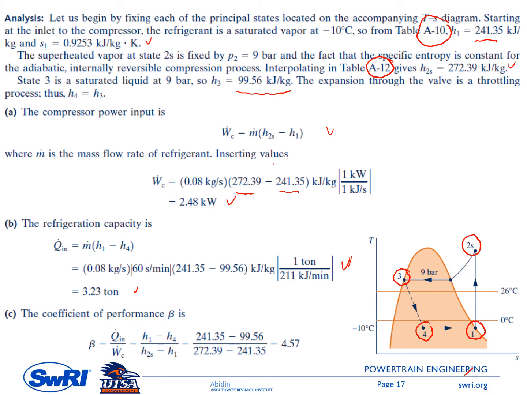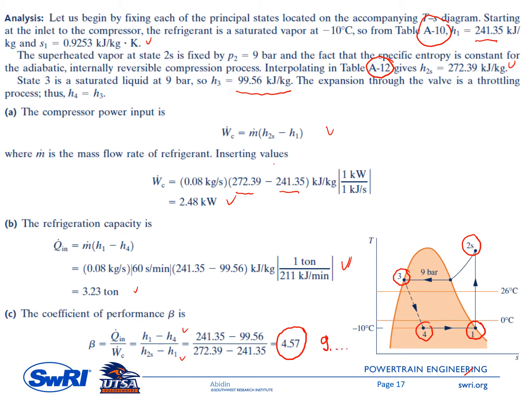And then the next one is the coefficient of performance, beta. This is the ratio of Q dot in over W dot C, so this is H1 minus H4 over H2S minus H1. By plugging in all the numbers, you will get beta of 4.57. I believe the previous example has a beta of around 9 point something.